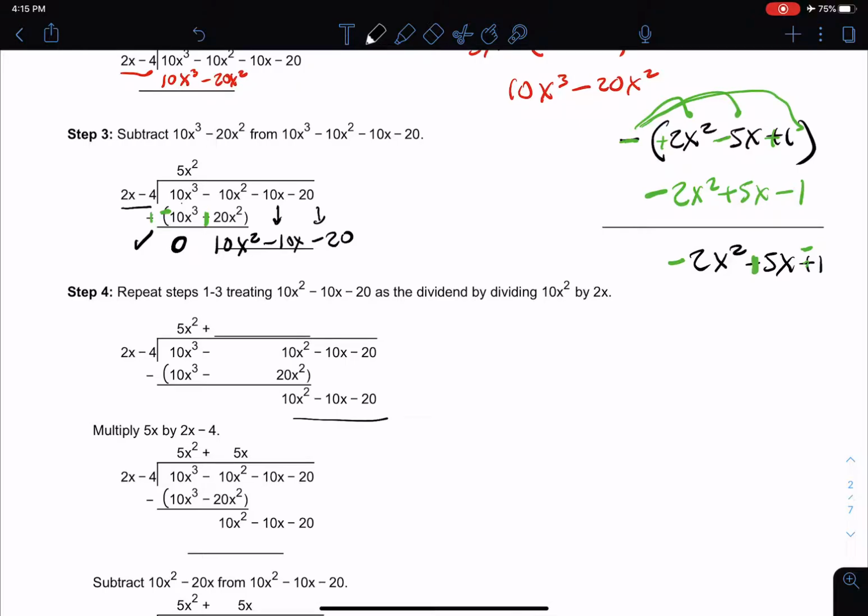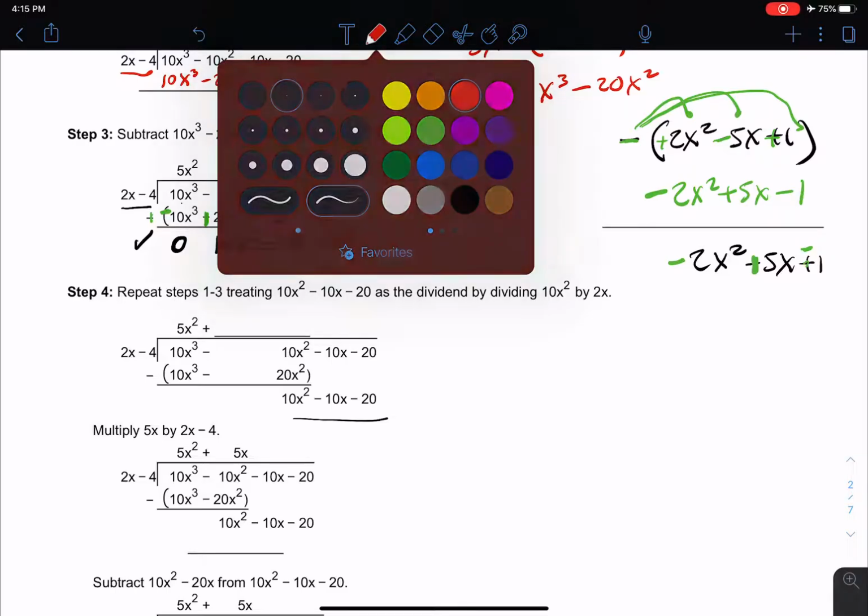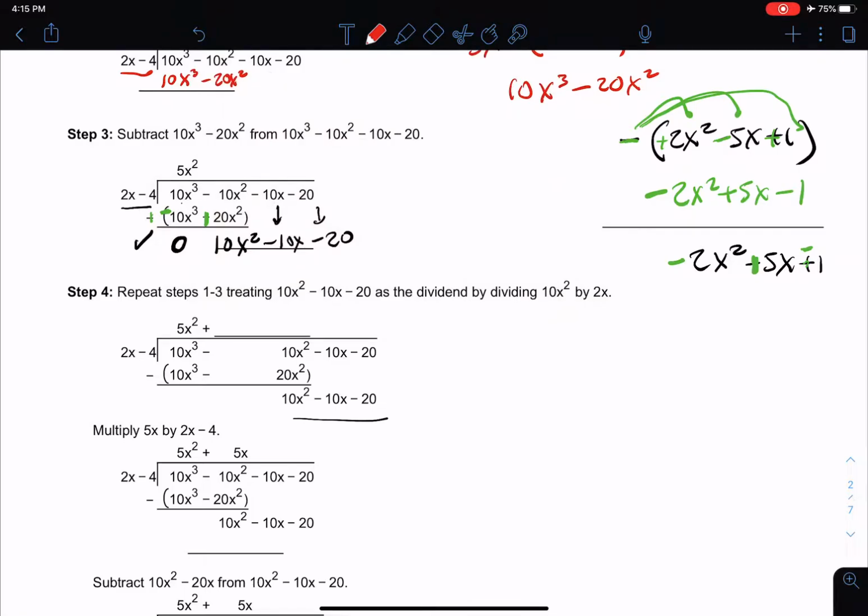Our next step is to start the process again. So this is an algorithm, which is a series of steps that loops back around and starts again, kind of like a computer program. And here we go. Now we're looping around again, and we do the same steps again. And if I did it my way, I would say, what times 2x will give me 10x squared?